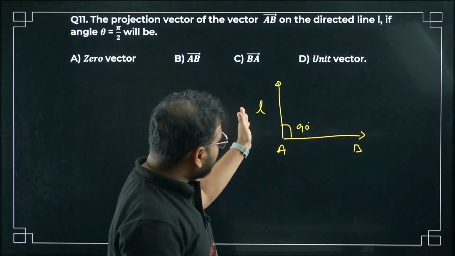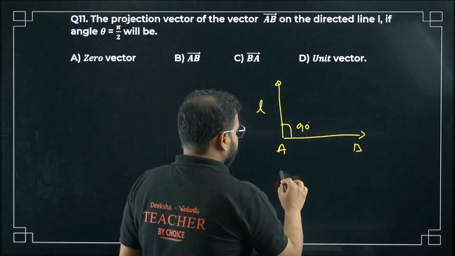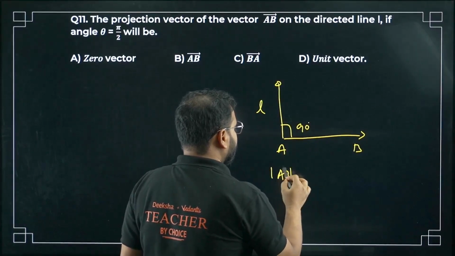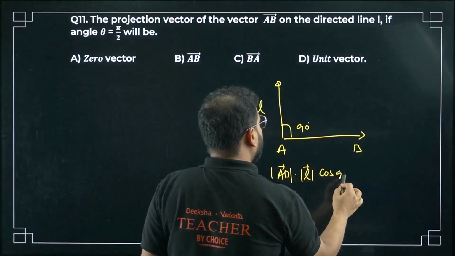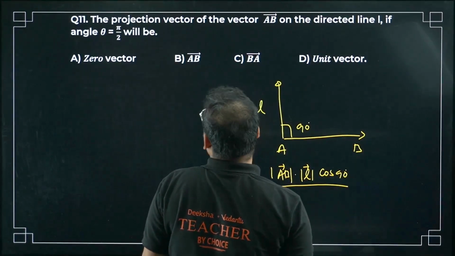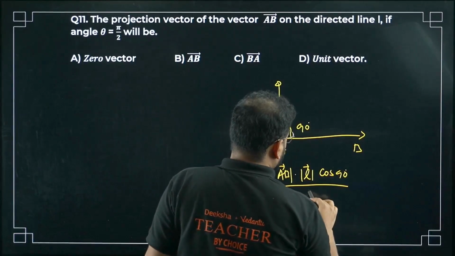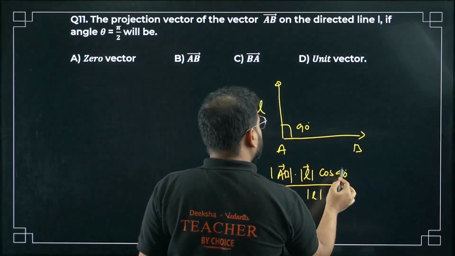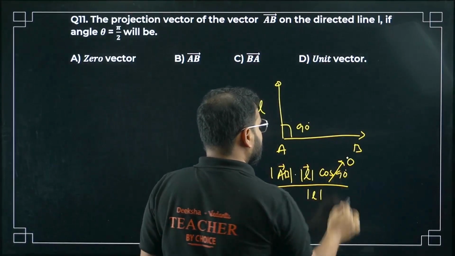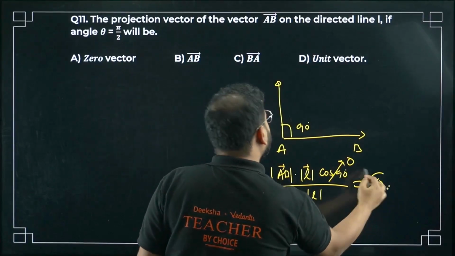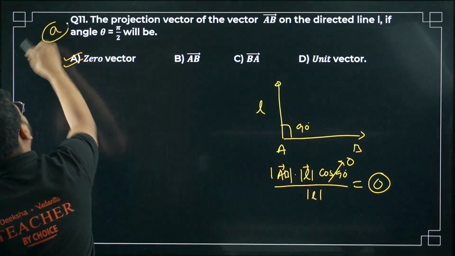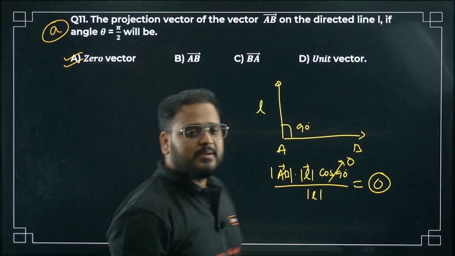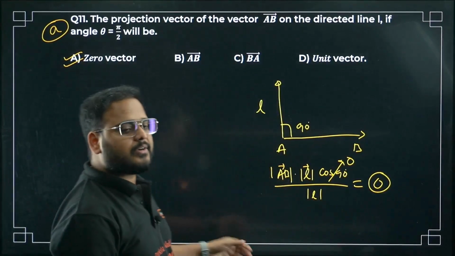If you take the projection of that, it becomes AB vector dot L cos of 90, right? Cos 90 is how much? 0, right? So this whole thing will become 0. So the answer is what? 0. Please check. It will be a 0 vector.